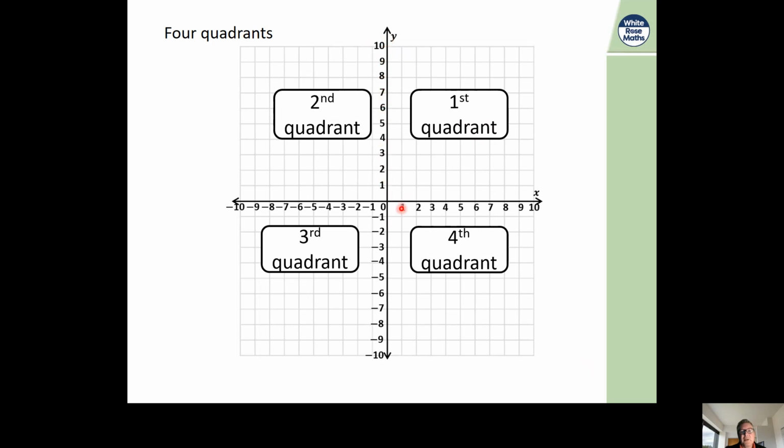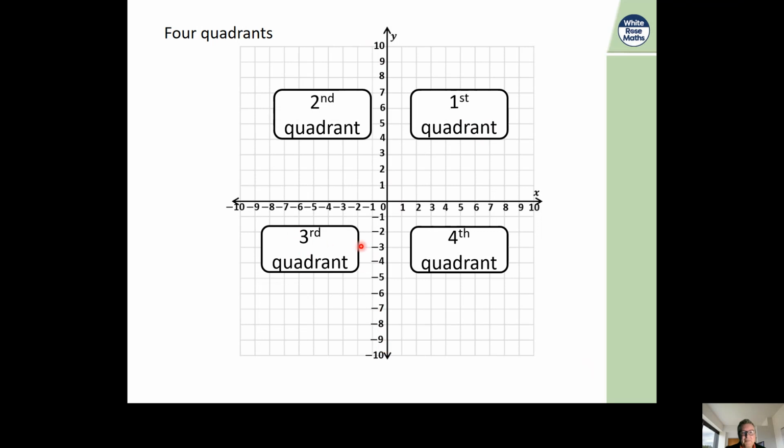Make some notes. We've got in the first quadrant, both the x and the y-axis are positive. In the second, the y is positive, but look at the x, it's a negative. In the third quadrant, they're both negative. So what does that tell you if you had coordinates that are negative, negative?